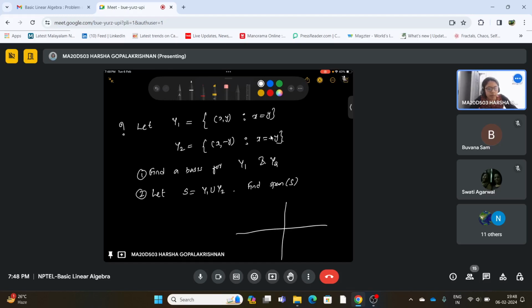It's a straight line passing through the origin. So the equation of the straight line is x equal to y, that is what is given in the condition. So this is our line x equals y.